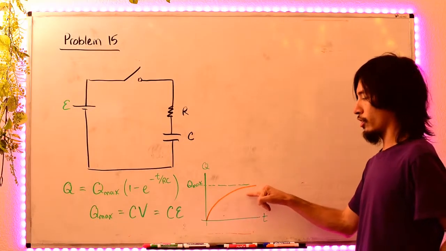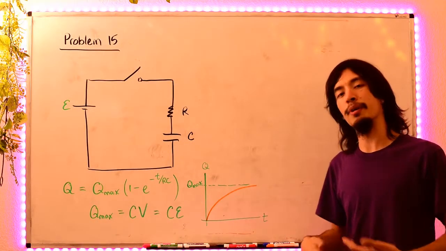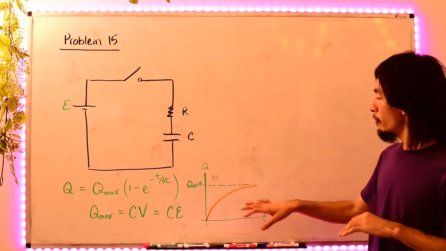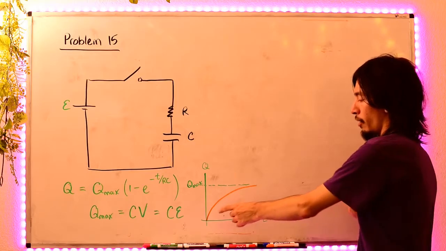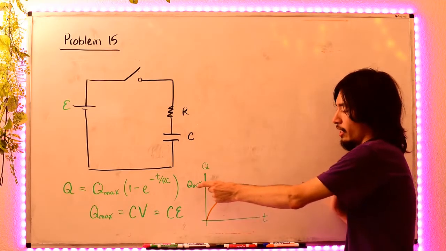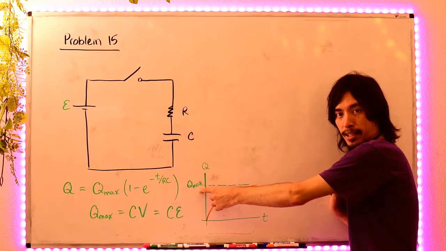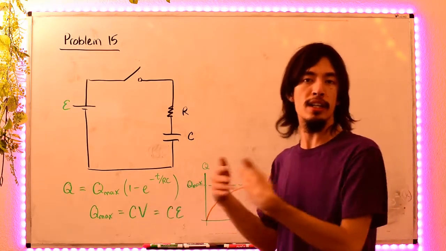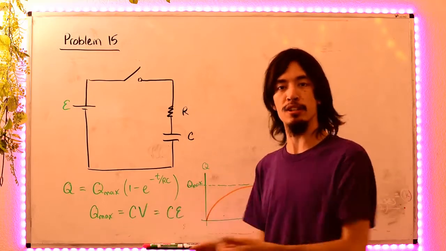This little charging curve that I showed here talks about how fast it charges. Basically we're asking which of the 4 circuits can reach its Q max first. It's a race between 4 circuits. Who can fill up their capacitor first?